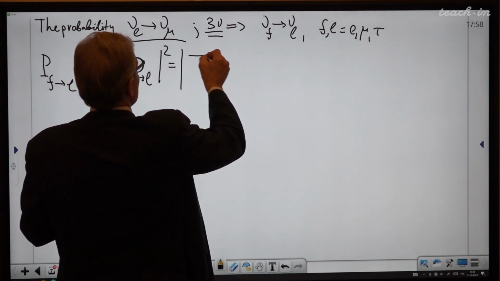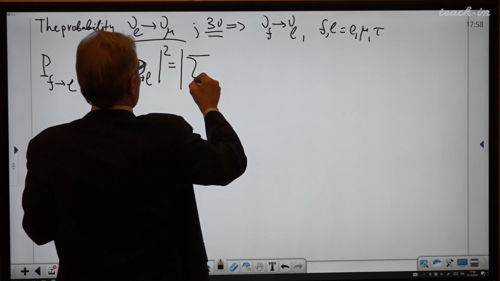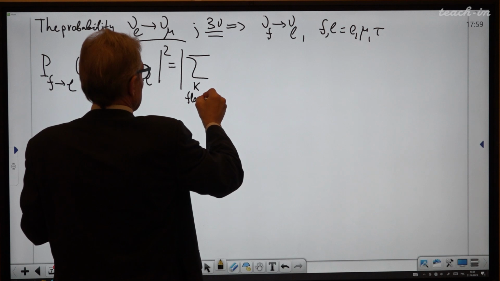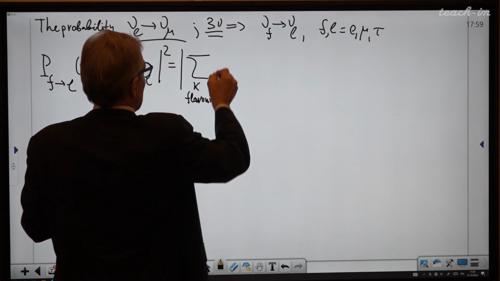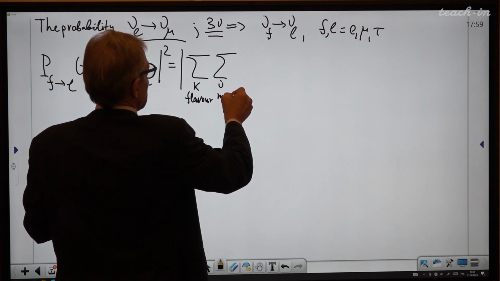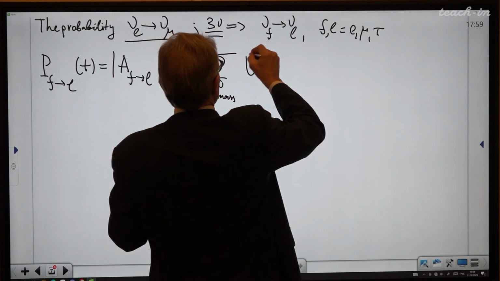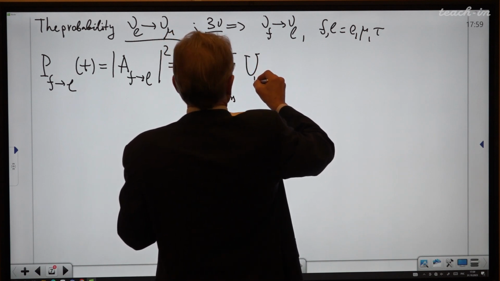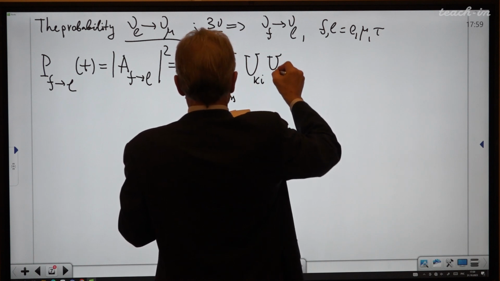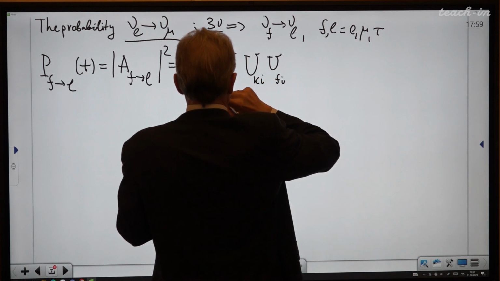If you remember, there were 2 sums over flavor. Again, I just recall this is flavor index. Then there is a sum over mass states and 2 mixing matrices, elements of 2 matrices, U_Fi. Yeah?